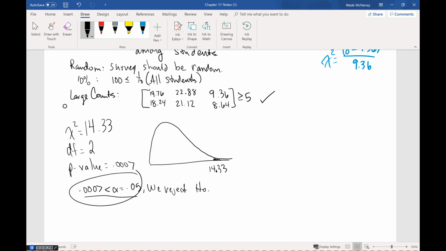Okay, so because all of this evidence that we showed right above here is so significant, we can reject the null. What do we have? We have enough evidence.